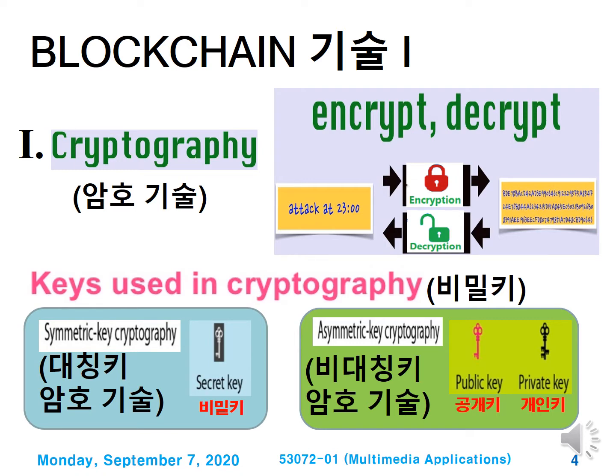In the symmetrical key cryptographic systems, the same key, the secret key, is used to encrypt and decrypt. So both processes use the same key. That is symmetrical key cryptography.